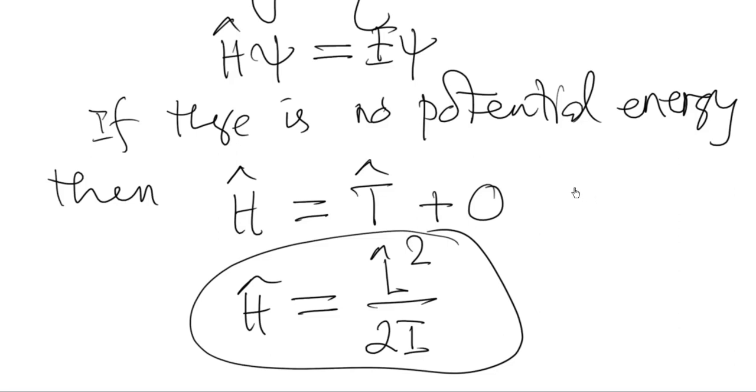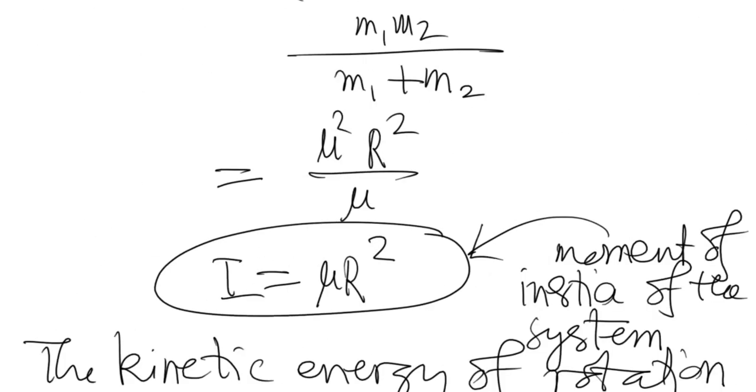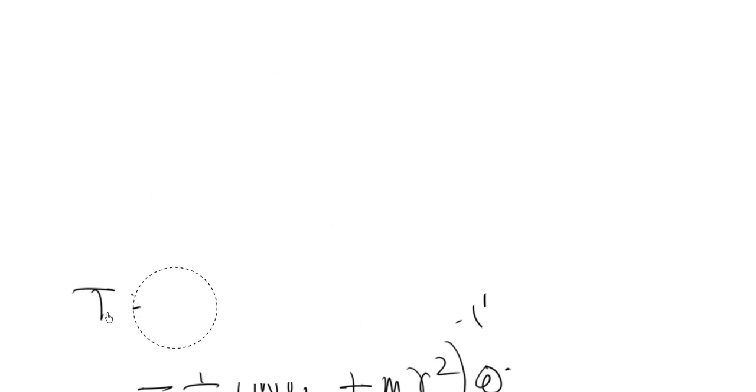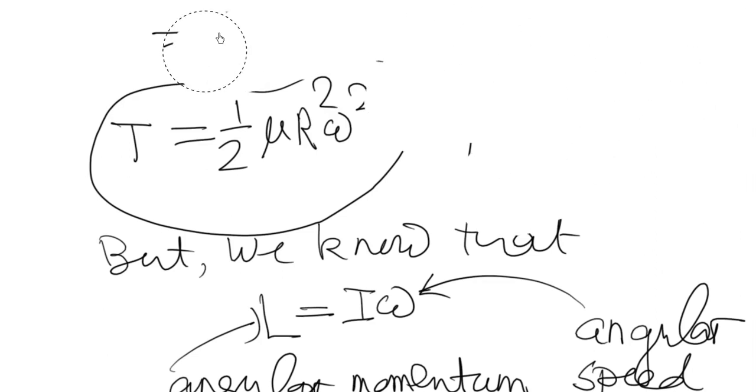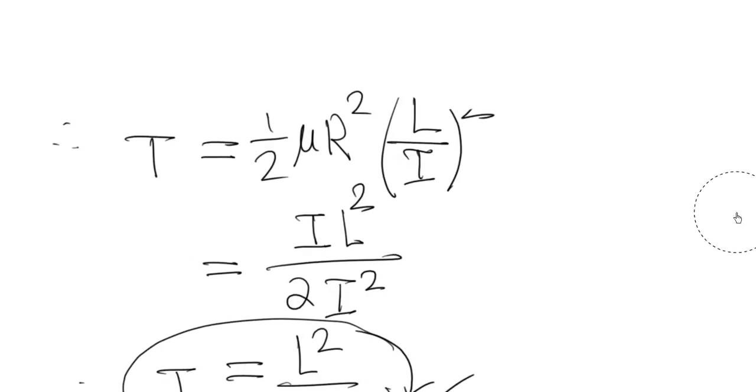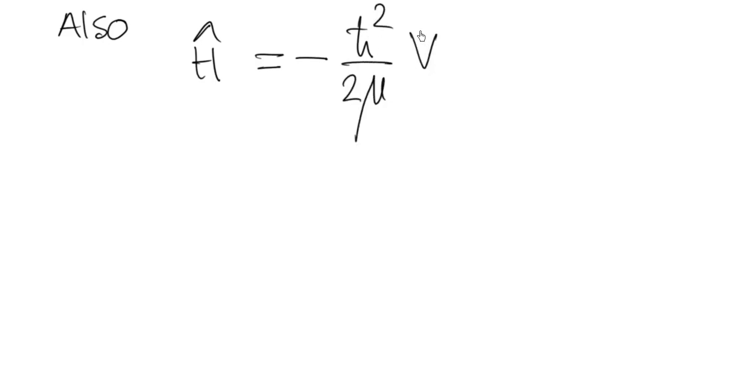Also, we know that the Hamiltonian operator is actually minus h bar square by twice mu, where mu is the reduced mass, times del square, and the potential energy is 0, so we do not need that term.